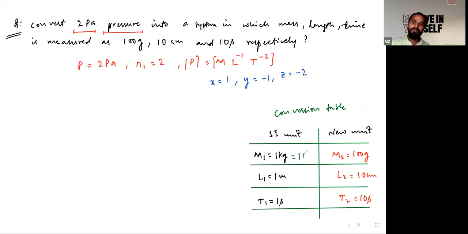So 1 kg is equals to 10 to the power 3 gram. Similarly, here we have 1 meter, but here we have 10 centimeter. So just convert meter in terms of centimeter. So it will be 10 to the power 2 centimeter. Now just see, here we have just 1 second and here we have 10 seconds. So they are equal. So we don't need to convert.